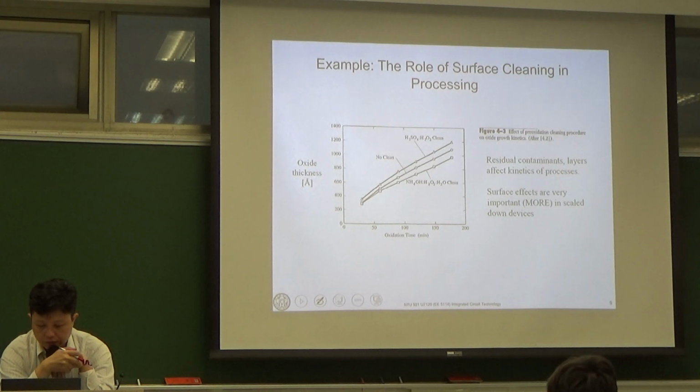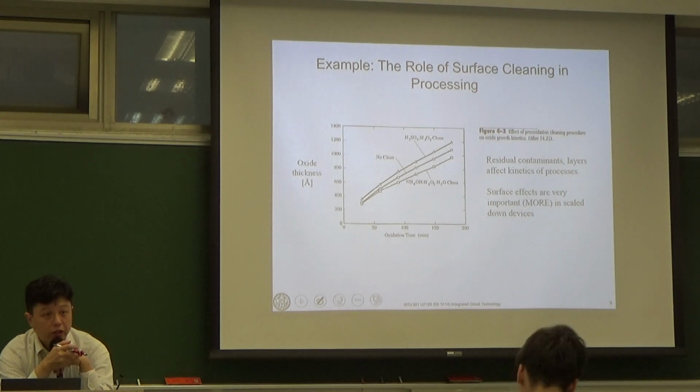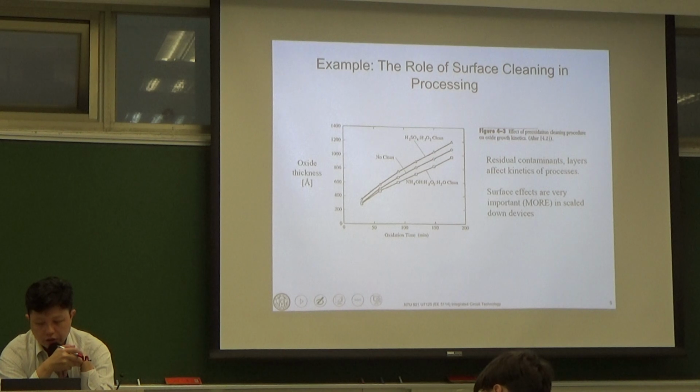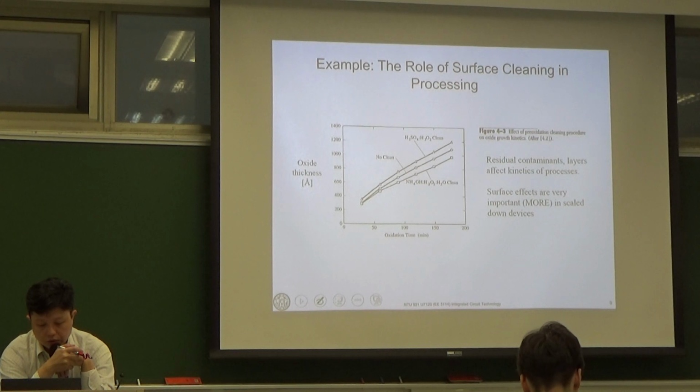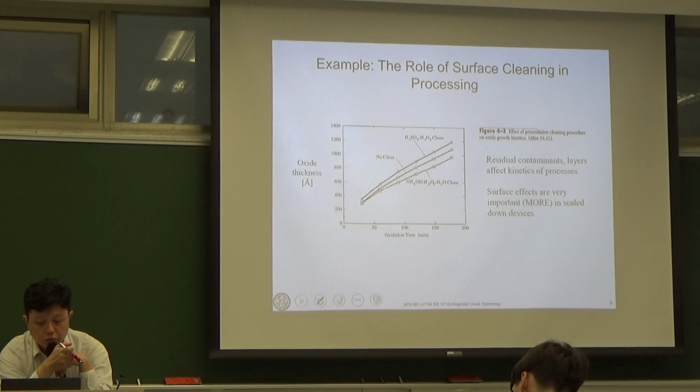Okay, and also here's another example. This example shows you the oxidation process. From this figure, you can see if you increase the time, the oxide thickness will also increase. But there are three lines or three experimental data that show you how good your wafer surface is.